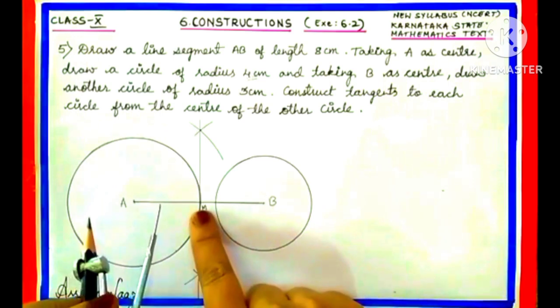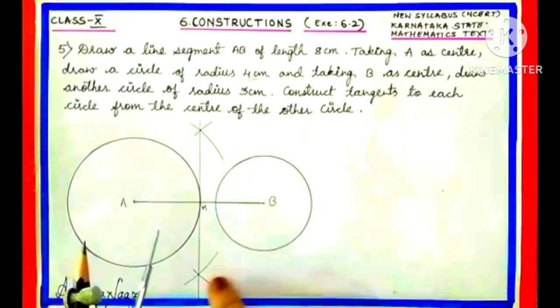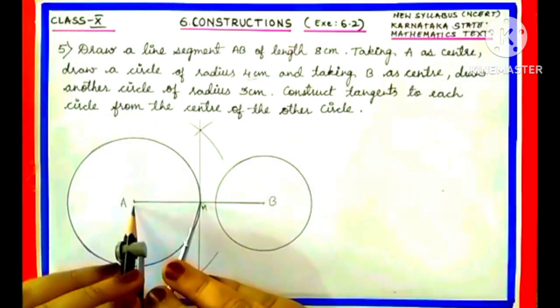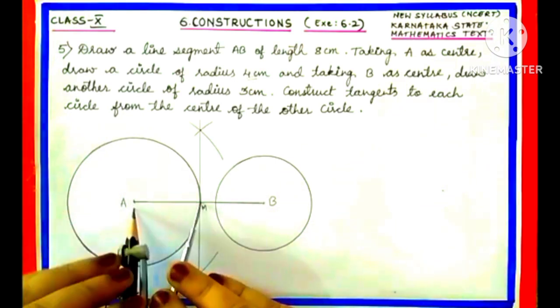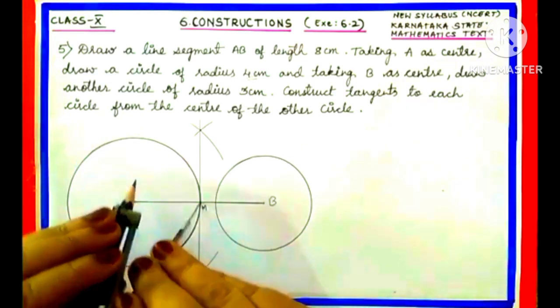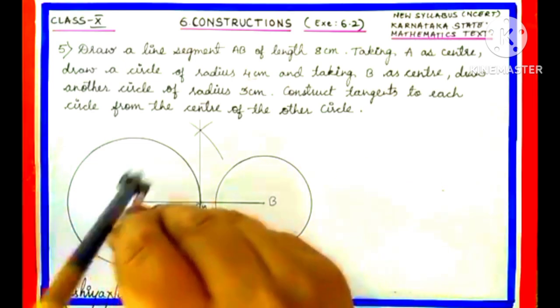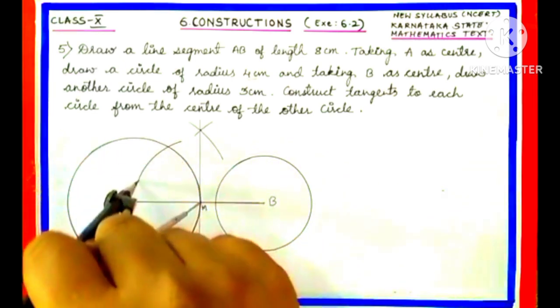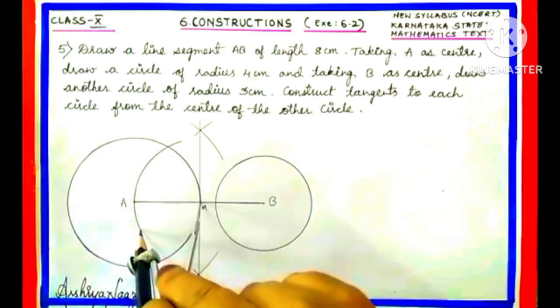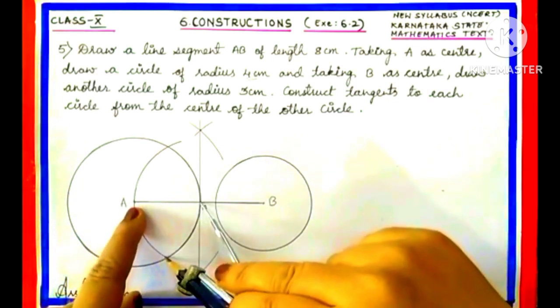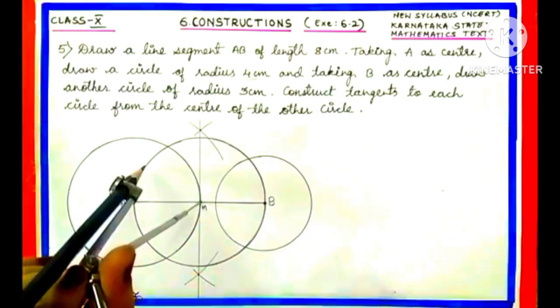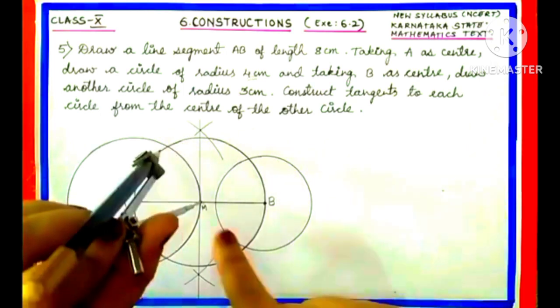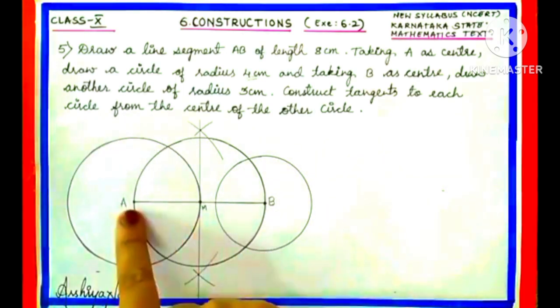Now, with M as center, we have to draw a circle with radius equal to AM. You can see this circle is passing through the points A and B. Now I have drawn the circle with center M and radius equal to AM.